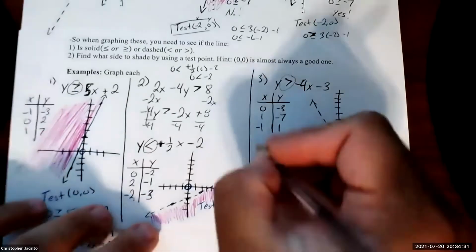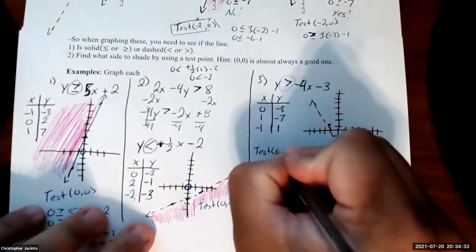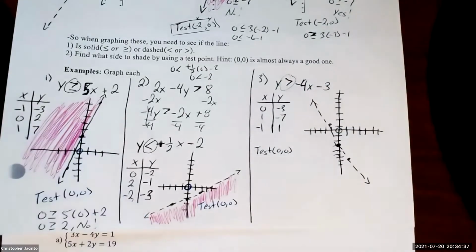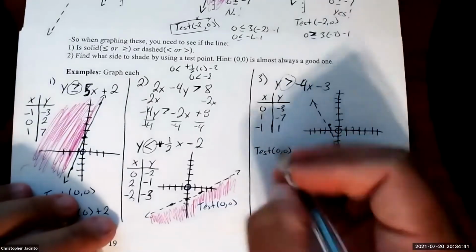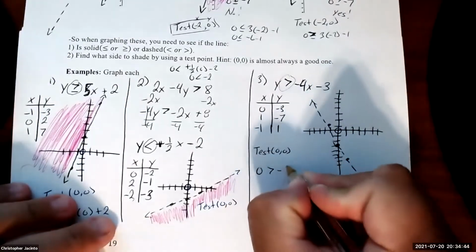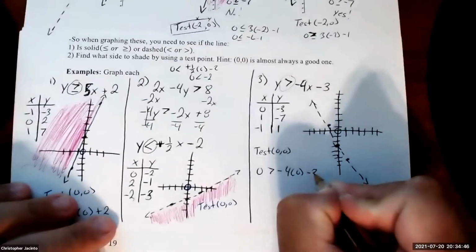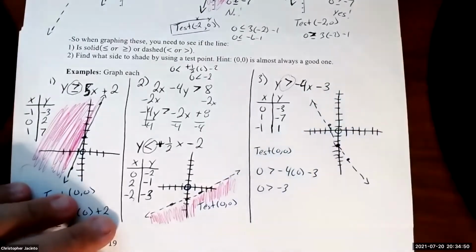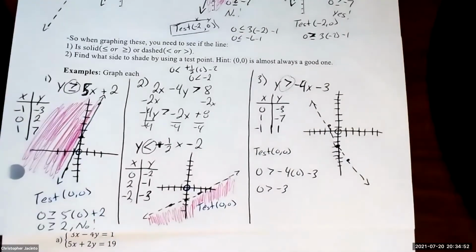Okay. And same thing. Now we just do our test point. And notice, like I said, usually 0, 0 is always a good testing point. So plug in 0, and see what we get. So that's gone. And that's true, right? 0 is greater than negative 3.